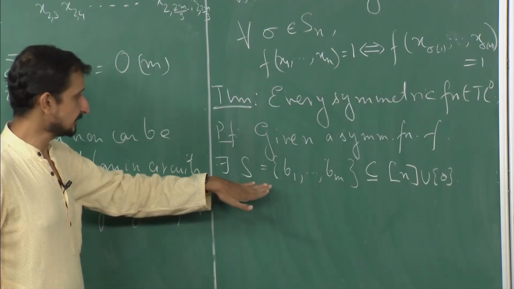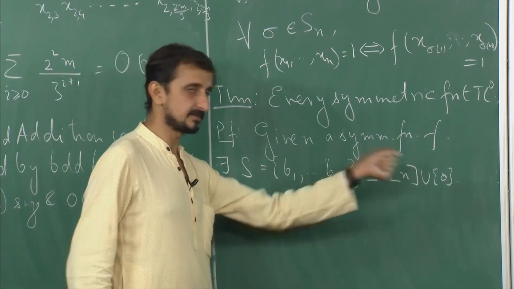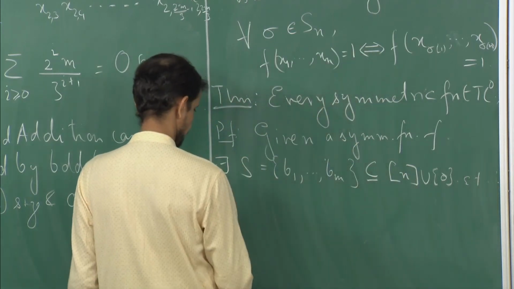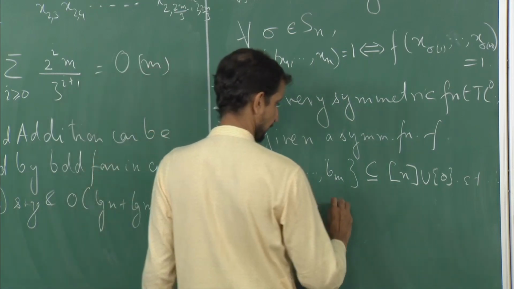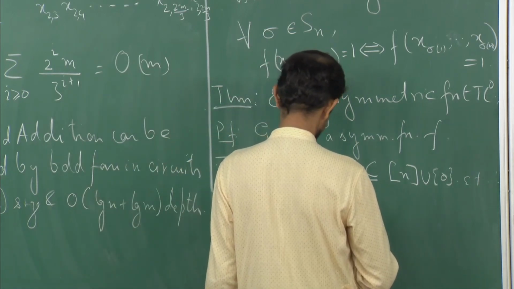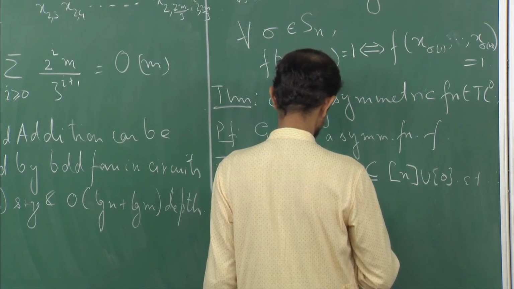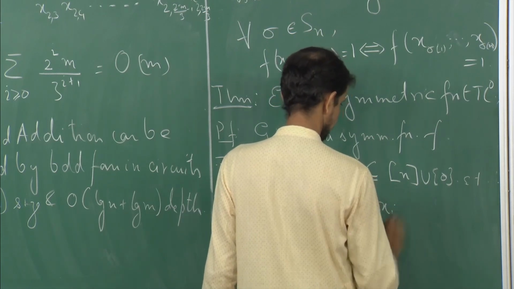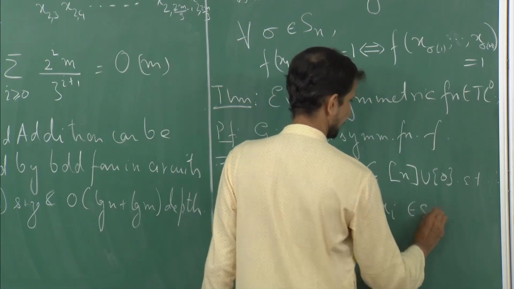So, there exists a set B1 to Bm which is a subset of this, such that f of x1 to xn equals 1 if and only if sigma xi, i going from 1 to n, belongs to S.